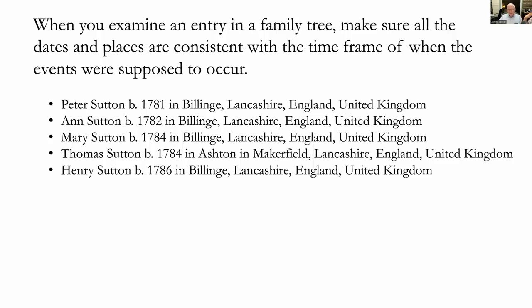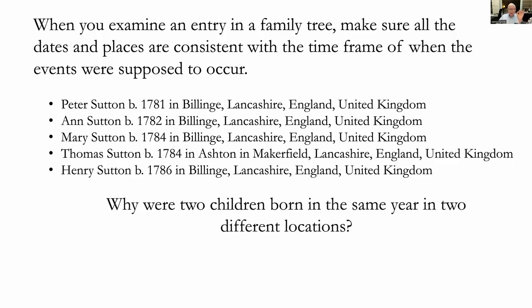And so, is this possible? Physically possible. But given the date of 1784, it is highly unlikely. And so the question that comes up immediately when you read an entry like this, and this, by the way, was copied right out of FamilySearch Family Tree, is why were two children born in the same year in two different locations?